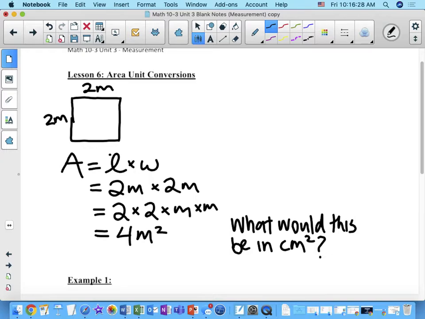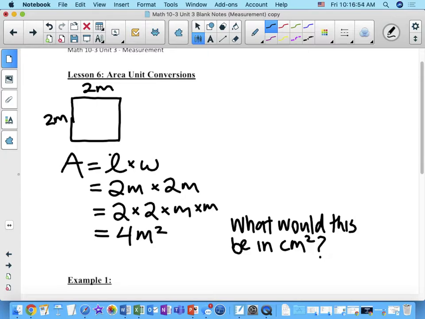Okay, 1 meter is equal to how many centimeters? Look at your formula sheet. Yeah. 1 meter is equal to how many centimeters? 100. Okay, so how many square centimeters do you think this is? 400. How many people think it's 400?